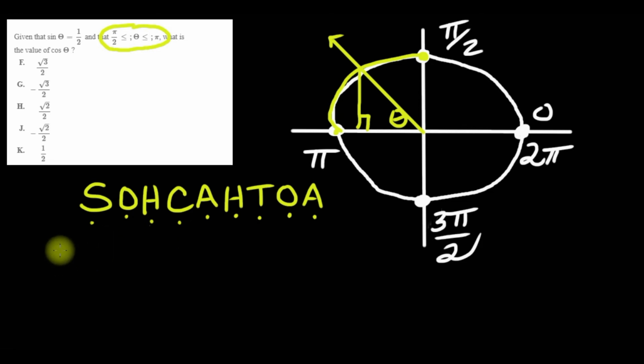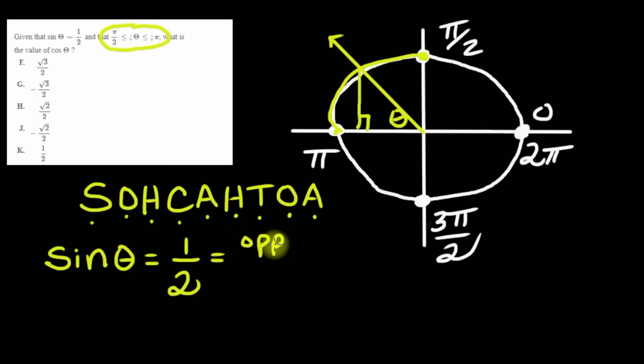So we're given that sine theta is 1/2. So this is given to us. We know that sine theta is opposite over hypotenuse.